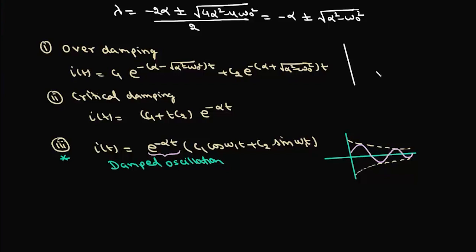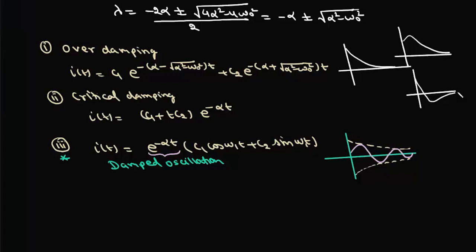In case of over damping, depending on the values of C1, C2 and alpha, omega, you may have different graphs. It could be this graph decreasing exponentially and sharply, or it could be this value first increases and then it goes down, or it could be this value.